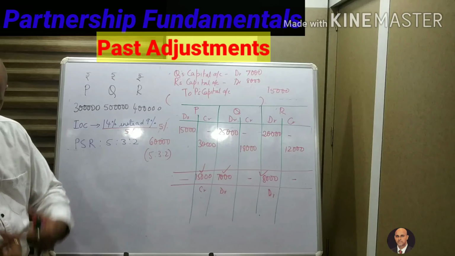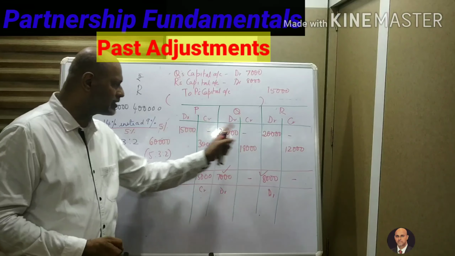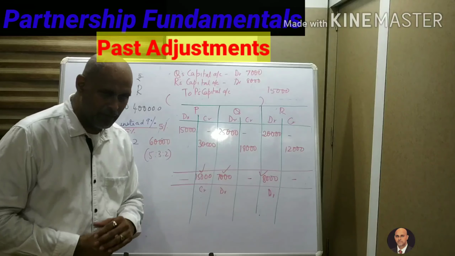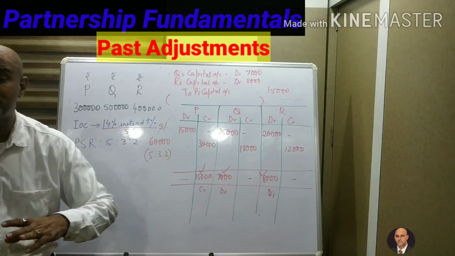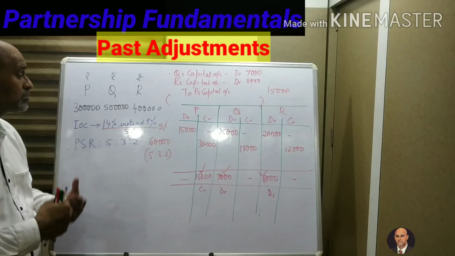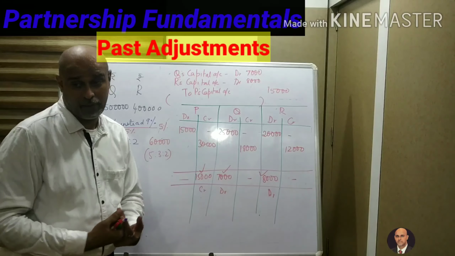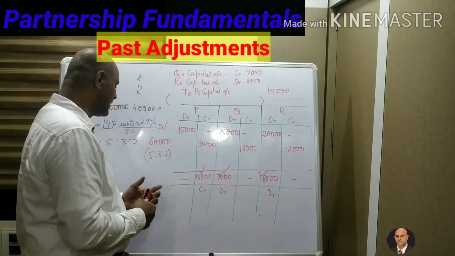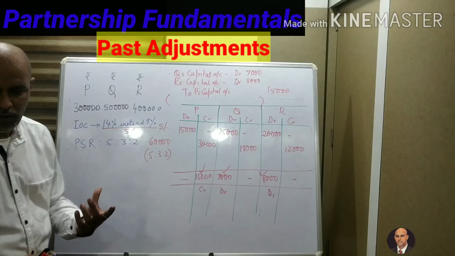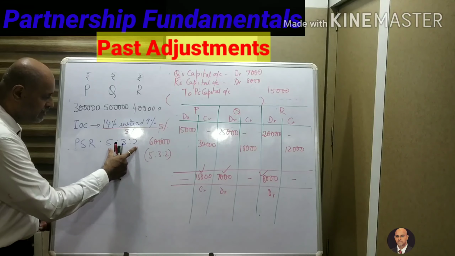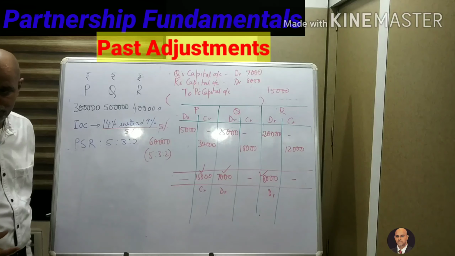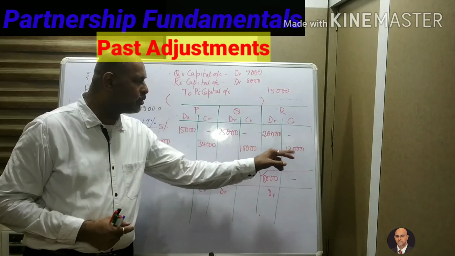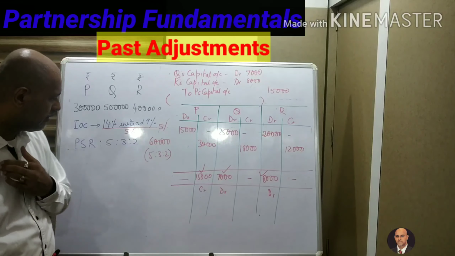Whenever I take back anything from the partners, it comes on the debit. I add all these three amounts, because now I have to give this back to the partners because I have given them lesser amount of profits. So 15 plus 25 plus 20 is 60. 60,000 will be divided in the ratio which is given in the sum, 5:3:2. So 30,000 to P, 18,000 to Q, and 12,000 to R.